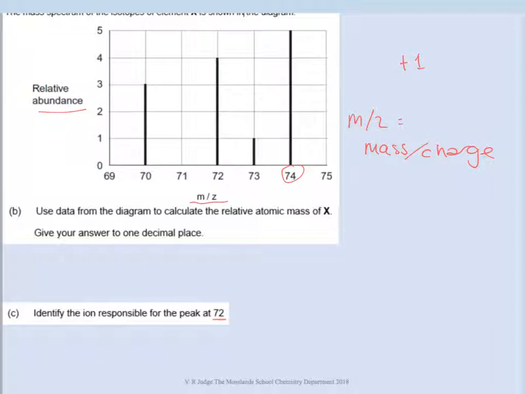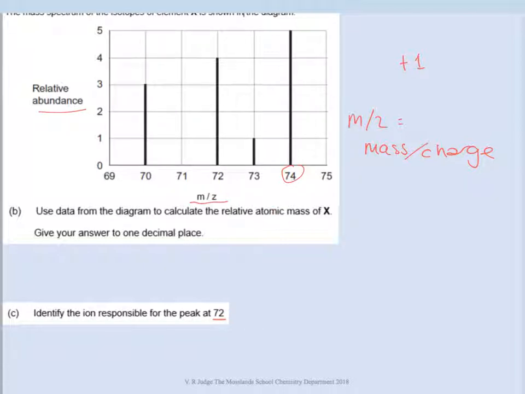So if your ions get a 1+ charge, like we hope they will, then you can assume, because it's mass divided by charge, if your charge is 1, then m/z is usually equal to just mass. So instead of considering 74 to be a mass to charge ratio, if we're assuming all of the charges are +1 anyway, then we can call this mass, and that helps us to identify, for example, the peaks down here, or the relative atomic mass.